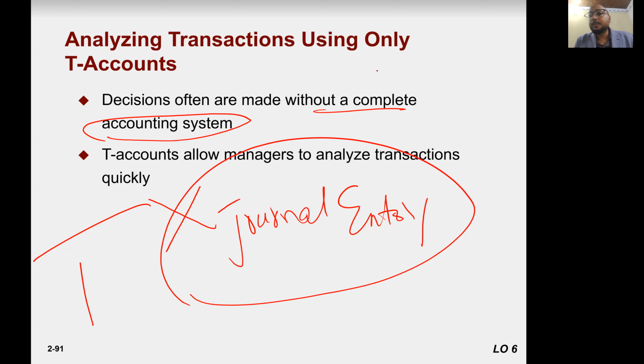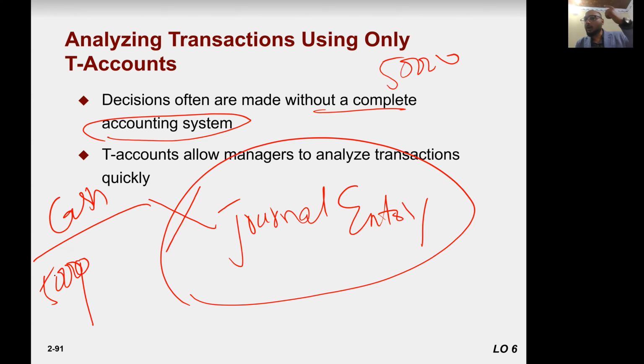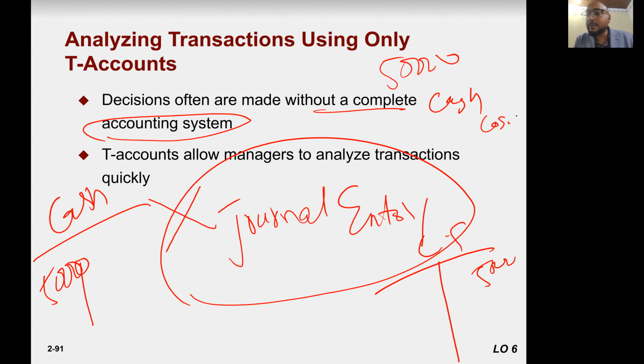So, Friday invested 50,000 in cash. If you do some practice, cash increase, cash means debit. So the T account increased by 50,000. Common stock increase, credit, common stock 50,000. Rather than going to the journal and making the journal entry cash to common stock 50,000 and then posting here, just directly post it on the T account.